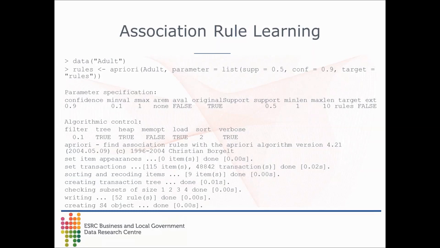And from that, I can basically see that this creates 4 subsets. There are 52 rules that can be found within the data set itself.